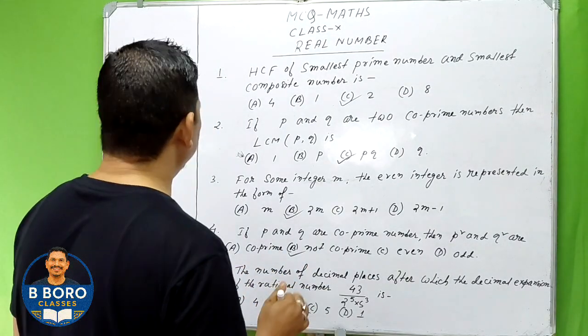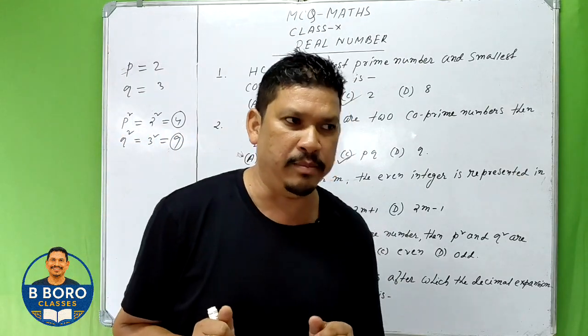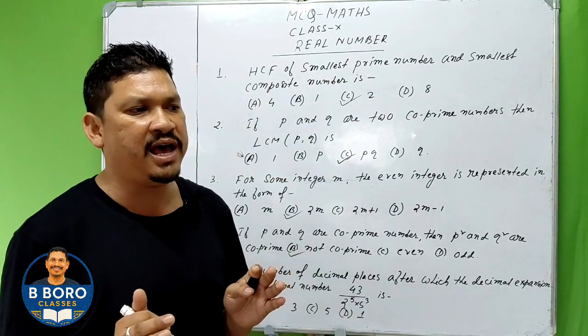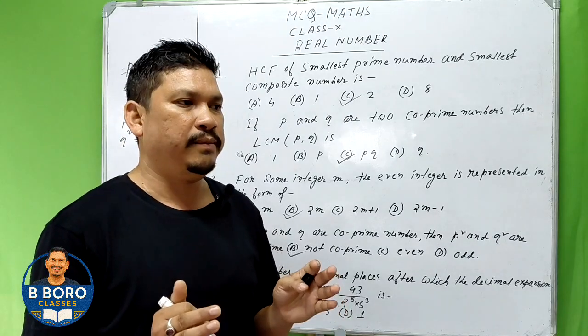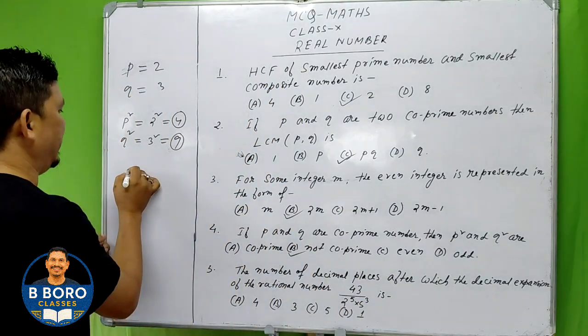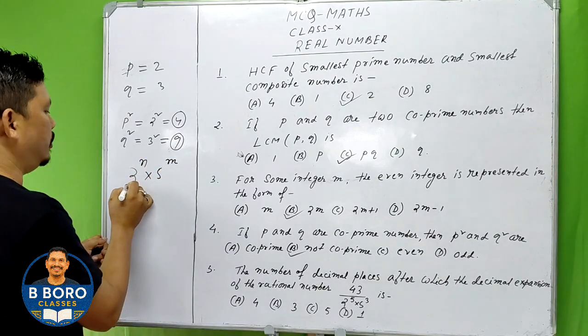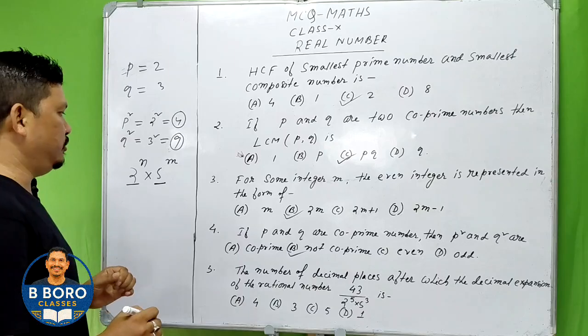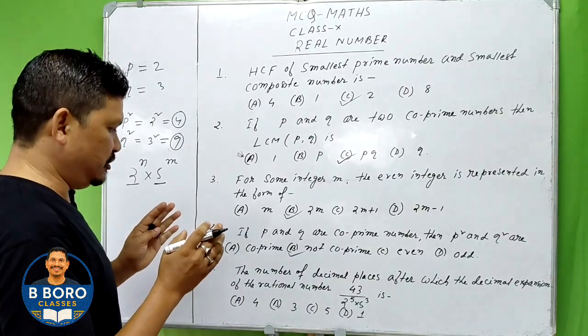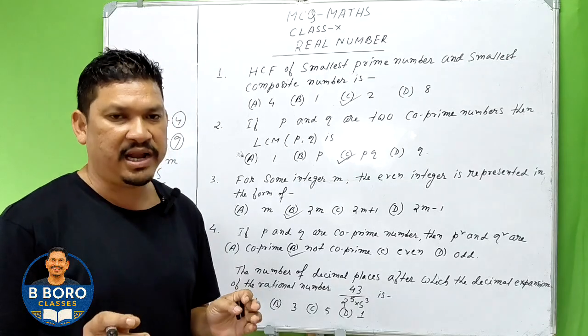For that purpose, we have two theorems actually. Suppose you are given a rational number. If we can express the denominator of the given rational number in the form of 2 to the power m into 5 to the power n, that means only 2 and 5 as factors, then the decimal expansion of that type of rational number is always terminating.